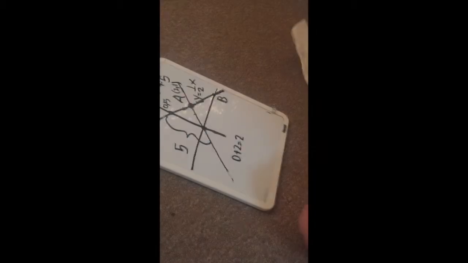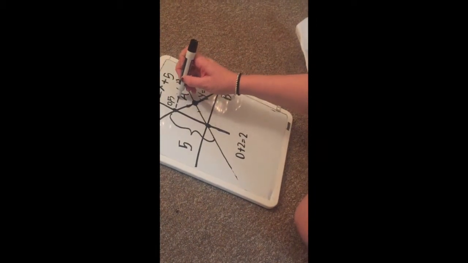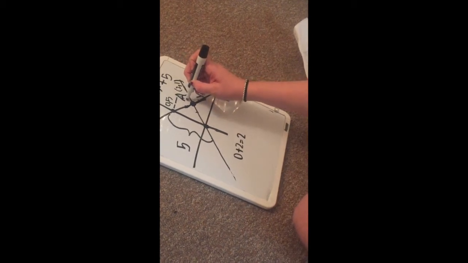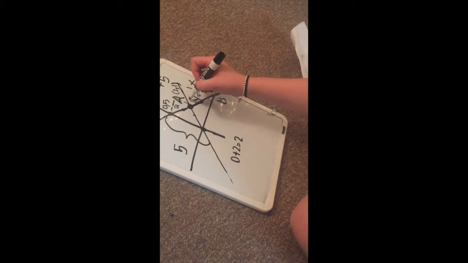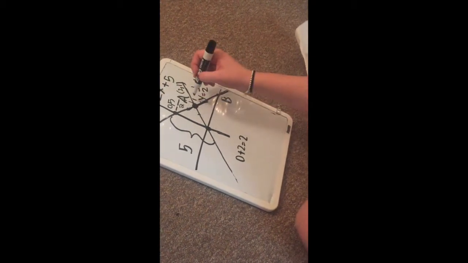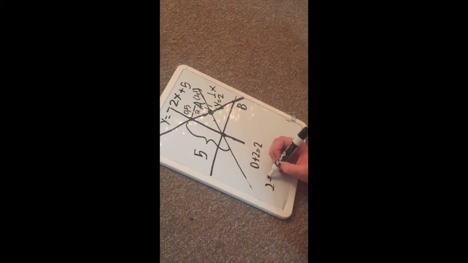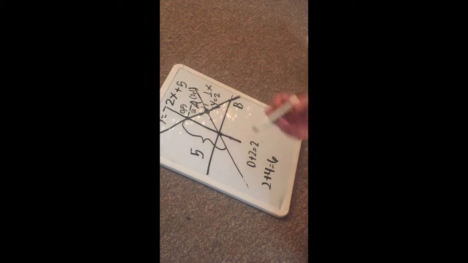We go over 2 and down 4, which is how we get to our point (2, 1). Then 2 plus 4 equals 6, so the total distance from (0, 5) to A is 6.